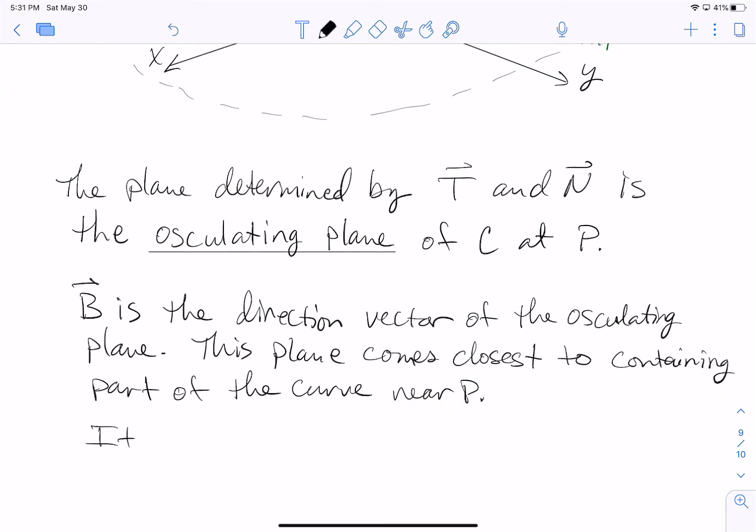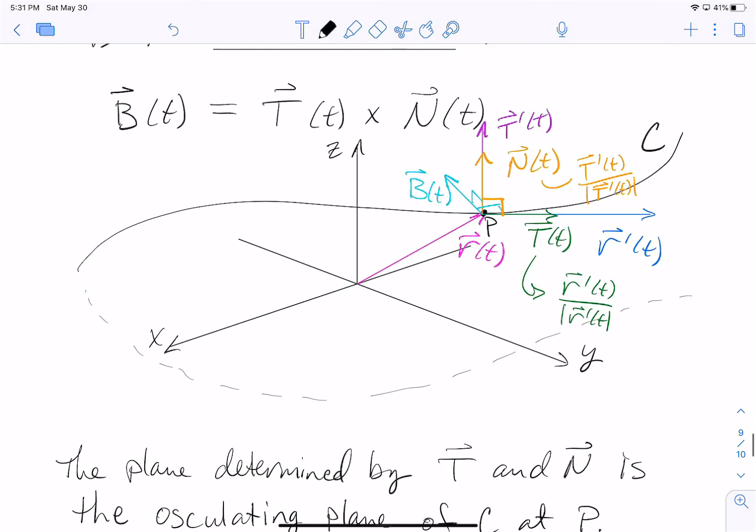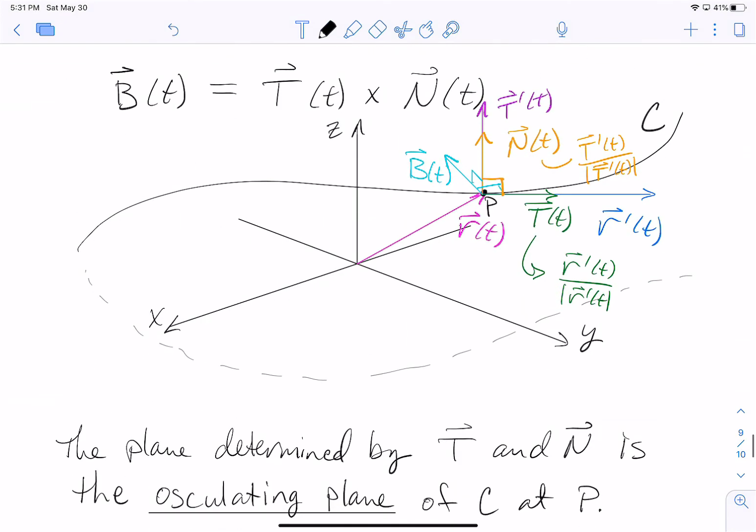It contains what's called the osculating circle at P. It's the circle that holds more of the curve than any other circle can. Here's what I mean. At any particular point on the curve, there's a circle whose curvature is just right to capture, let's see, for that circle, maybe this here?